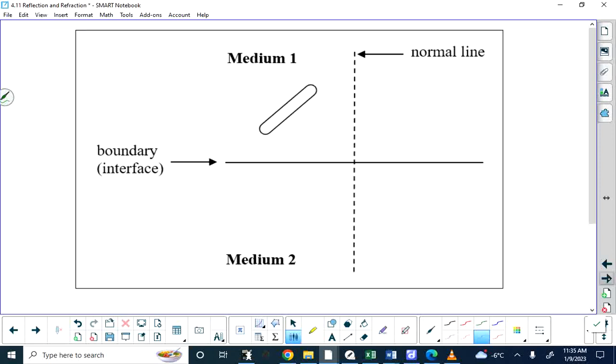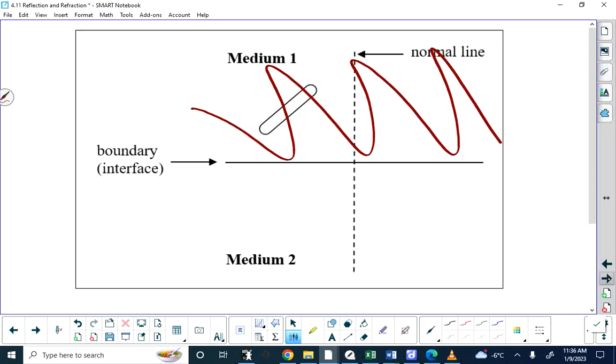So this time what we have is not a barrier, not a reflector. This solid line is a boundary between two media. Everything above that line, and I mean everything, all of this is the same substance. And everything below the line is a different substance.